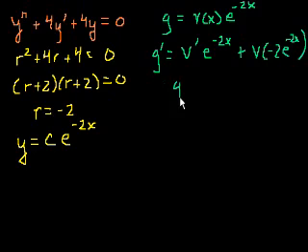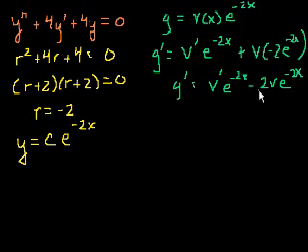Or just to write it a little bit neater, g prime is equal to v prime e to the minus 2x minus 2v e to the minus 2x.